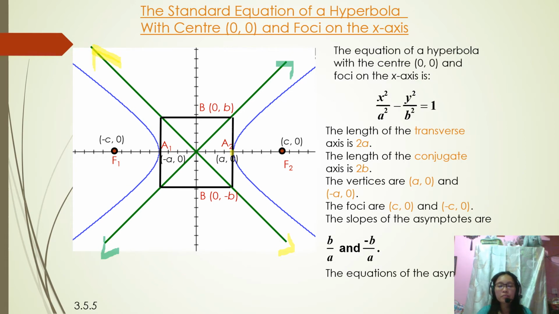Next, the equations of the asymptotes. We have y equals b over a x, and we also have y equals negative b over a x. If the center is at the origin, 0, 0, and our foci are on the x-axis, meaning opening left and opening right, then in the equation of our asymptotes, b comes first, b over a.